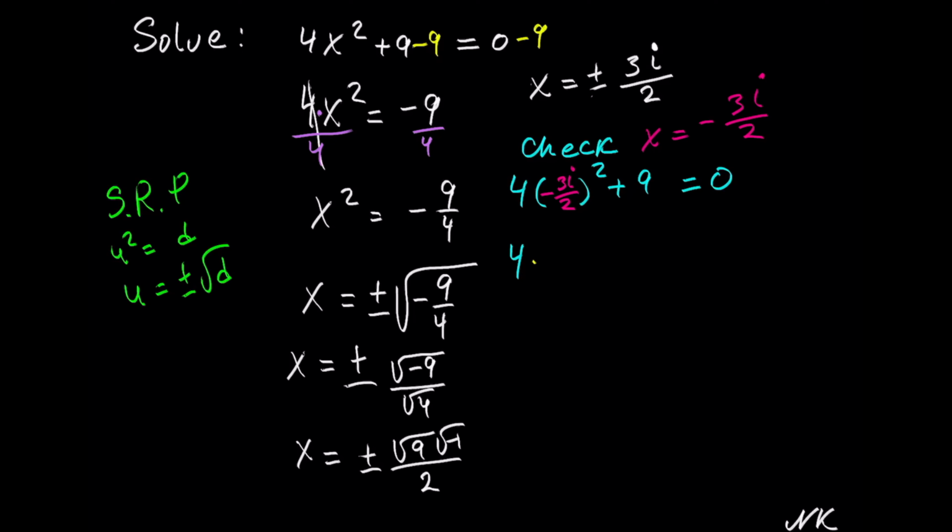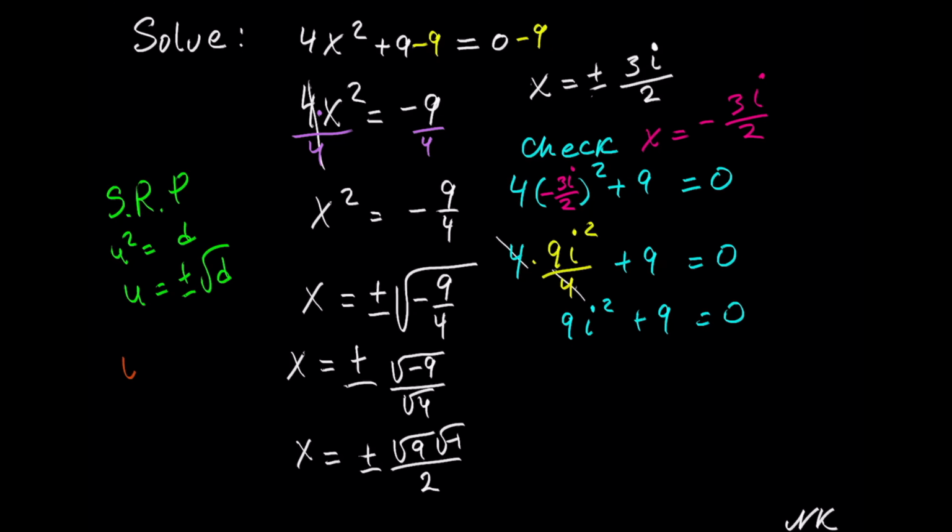Negative times negative gives us positive. 3i out of 2 times 3i out of 2 gives us 9i squared out of 4 plus 9 is equal to 0. 4 out of 4 cancel into 1 and we get 9i squared plus 9 is equal to 0.